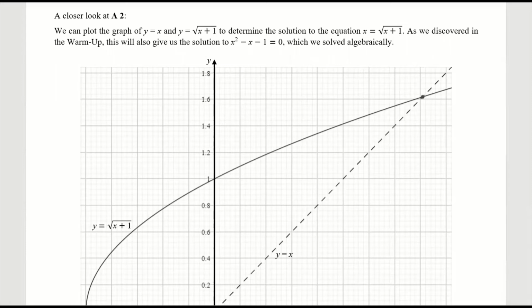That will allow us to show visually how to generate the solution for the equation x is equal to the square root of x plus 1, because as you can see, if you plot the graph y equals x and the graph y equals the square root of x plus 1, setting those equations equal to each other produces this solution, which is the golden ratio, 1 plus root 5 over 2 to be exact.